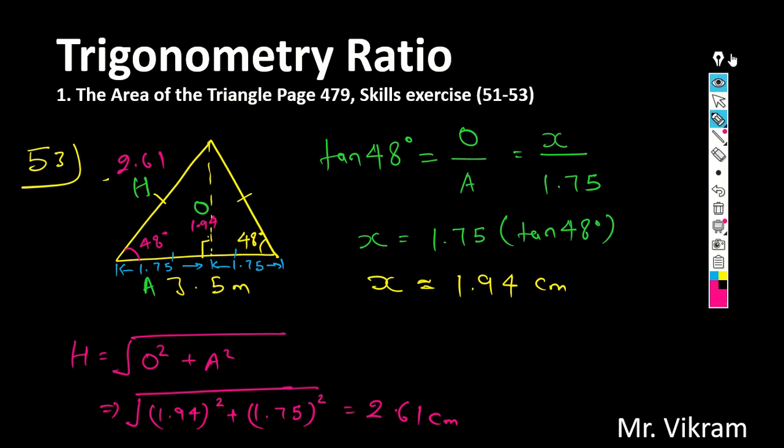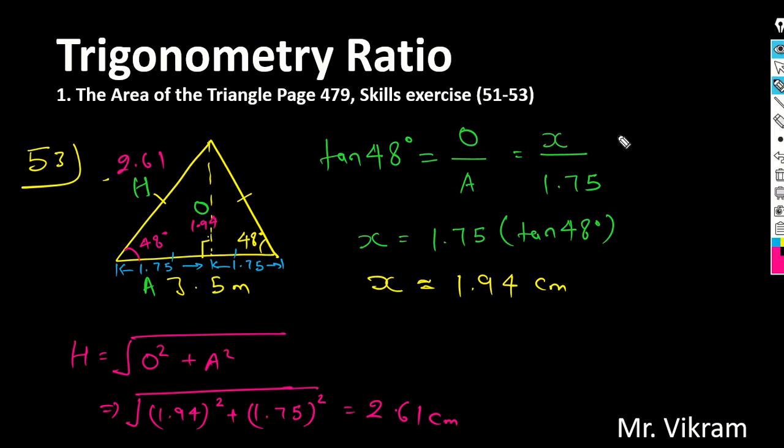Okay, now it's simple. I need to find the perimeter. The perimeter is the sum of all the sides. So 1.75 plus 1.94 plus 2.61. Let me add this and check what we are getting.